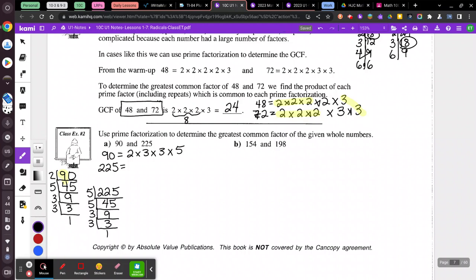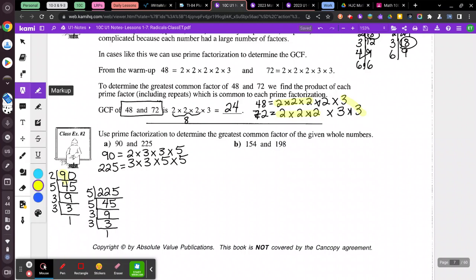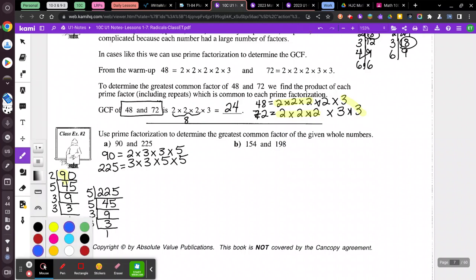So now, smallest to biggest, I get 3 times 3 times 5 times 5. Now we're going to locate the identical numbers they have in common. If you'd like to loop them, you can. So I've got 3s there, 3s there, and 5s there. So my greatest common factor is going to be 3 times 3 times 5, which is 45.